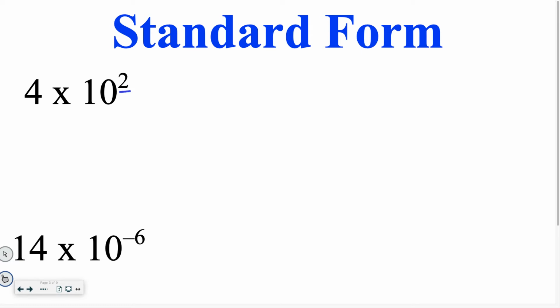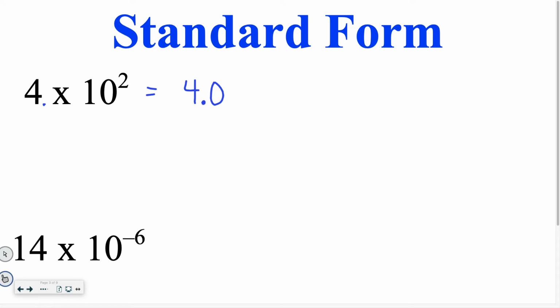And then my exponent is an integer, right? There's no decimal up there. So I'm going to take that 4, and there's always an invisible decimal point. If it's not written in, it's always right after your last number. So I have a decimal point right there. And just to help me remember I have that decimal point, I'm going to add a 0.